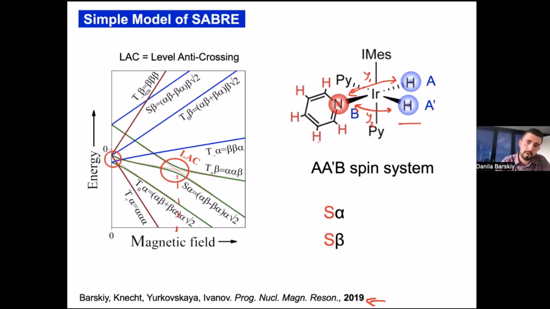So the first, you have triplet minus beta, for example, means beta, beta, beta. Singlet beta means the singlet state of hydrogen, and beta is a state of your third spin, in this case exemplified by nitrogen. So what's the key idea?